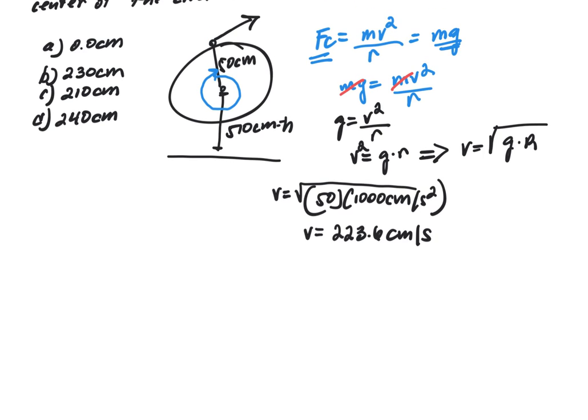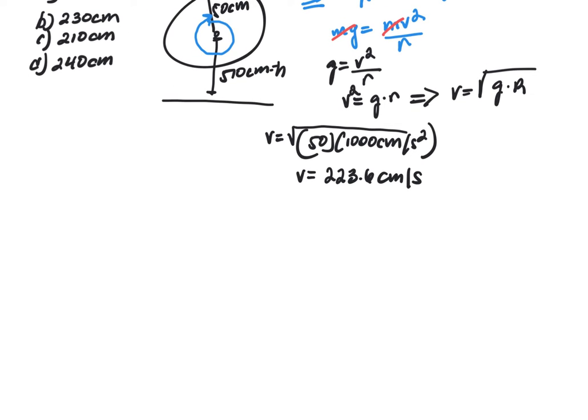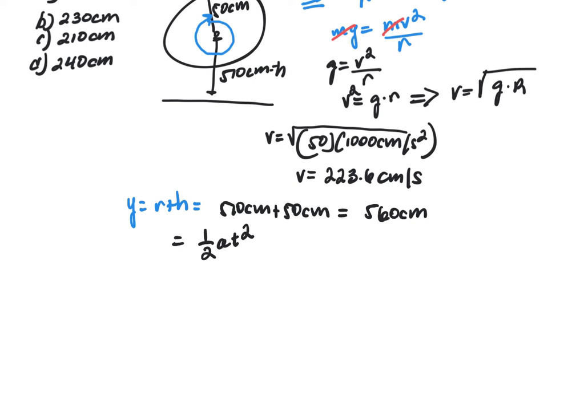Now, since we got the velocity, we need to find the air time of the ball. So to do that, we're gonna use a formula y equals r plus h, which equals 510 centimeters plus 50 centimeters, which equals 560 centimeters, equals 1/2 a t squared.